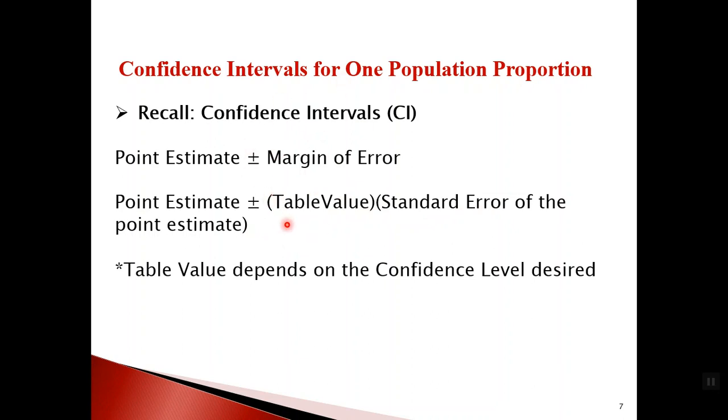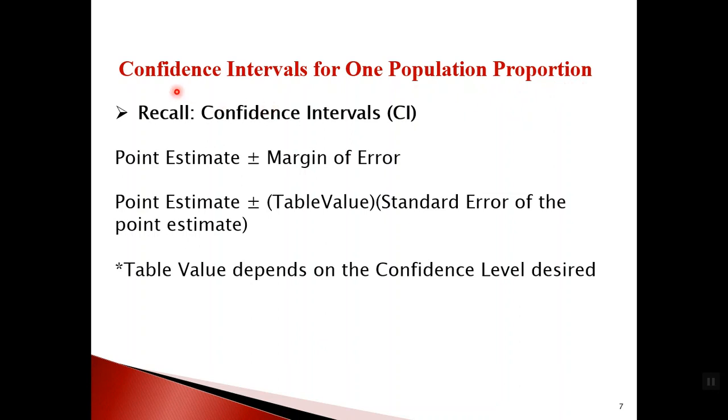If you don't remember those things, please check them, because you will need confidence intervals. That's what we are doing in this section, section 11.1, confidence intervals for one population proportion. The only new thing is this one, population proportion.